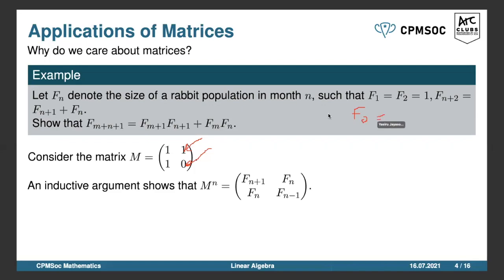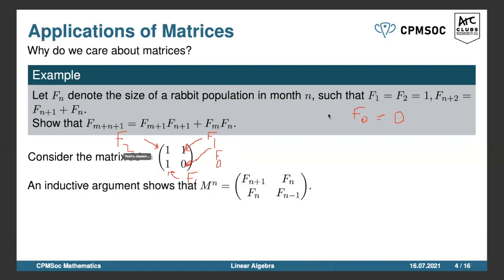So that's a starting value for the Fibonacci sequence. And we have f(2) equals f(1) plus f(0). So the recurrence still works when you include the 0. So what I can see is this is equal to f(1), this is equal to f(0), this is equal to f(1), and this is equal to f(2).